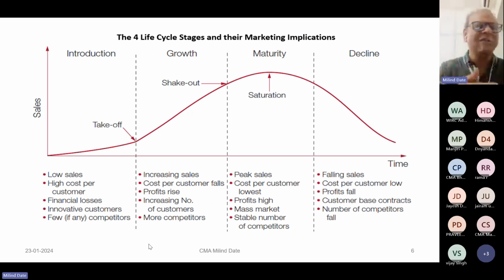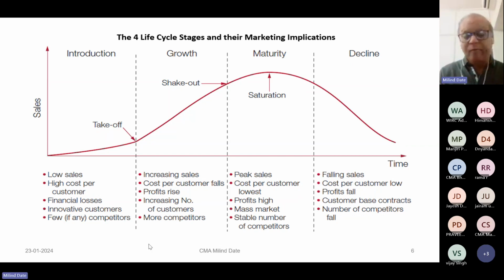Phases are again the same. I mean, introduction, growth, maturity, and then decline. So, what you need to understand is during the introductory phase, sales will be lower and the costs per customer will be very high. There'll be initially financial losses. You may have to satisfy the needs of some customers who are innovative for themselves.